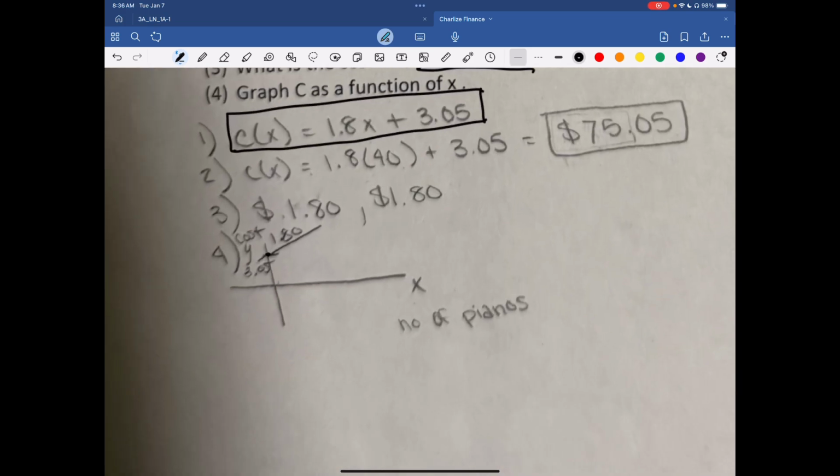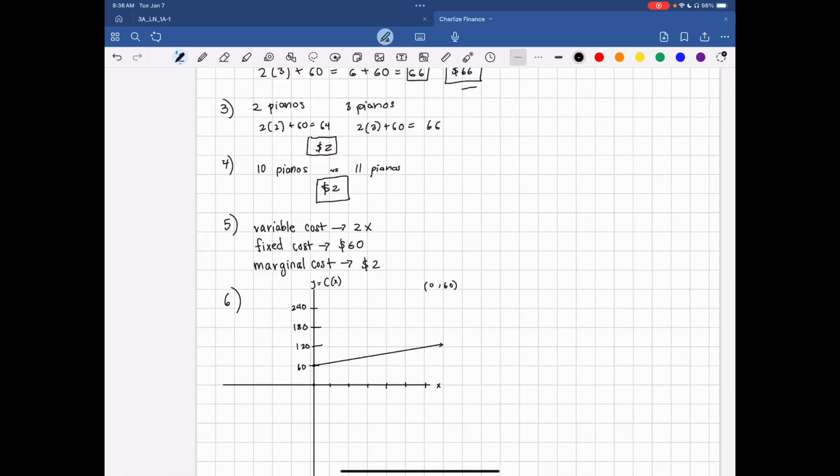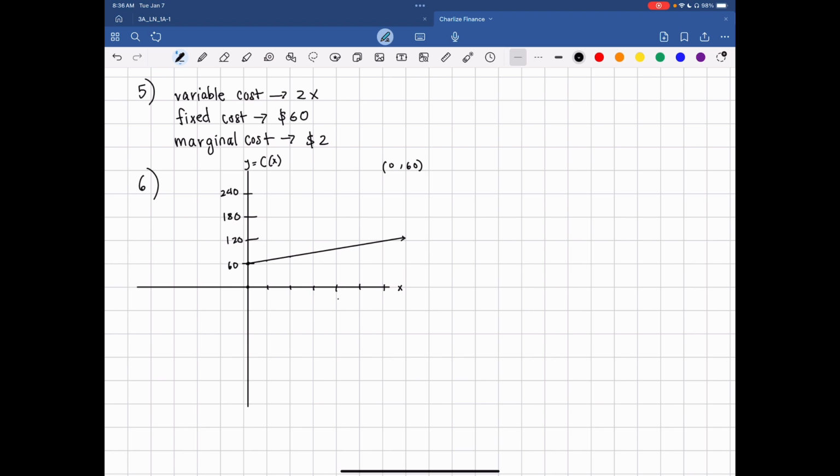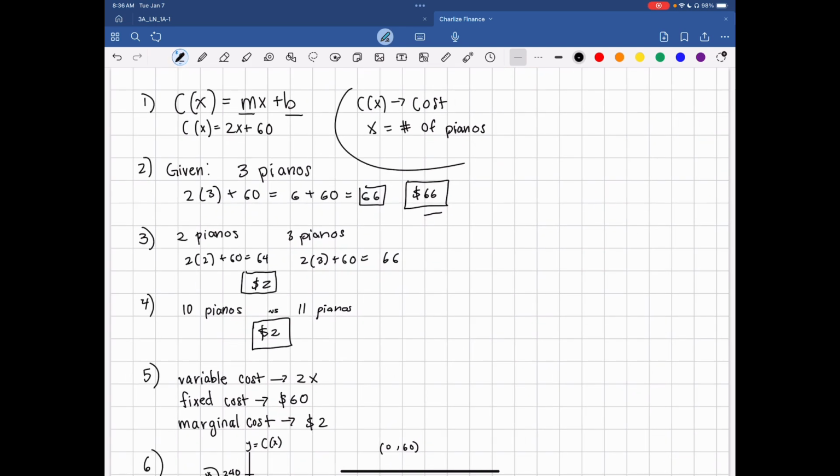Oh, you also labeled, so I will also label. So this is number of pianos and cost in dollars, and then I also did it here.